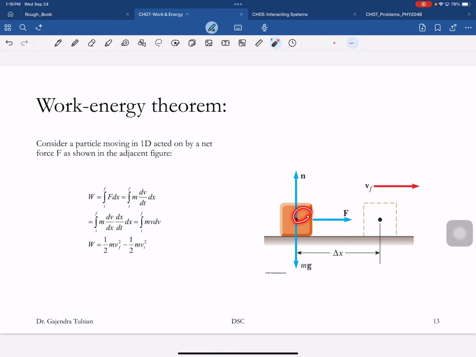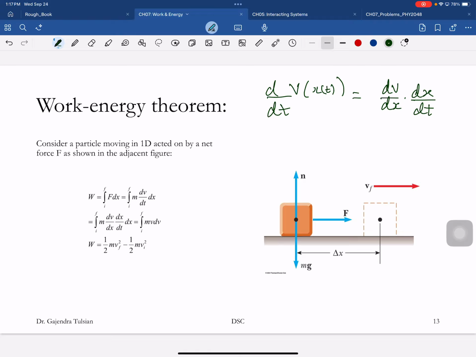And let's say the velocity of this object is position dependent, which is time dependent. So m dv by dt. You can use the chain rule: dv by dt is equal to dv by dx times dx by dt.